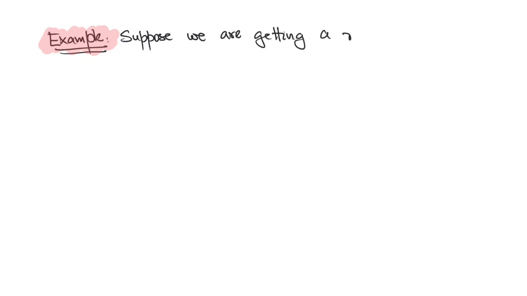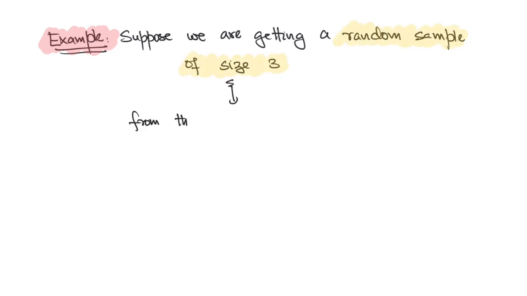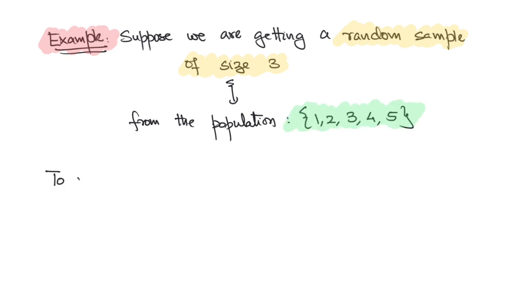Suppose we're getting a random sample of size 3 from a population that contains exactly 5 elements, the numbers 1, 2, 3, 4, and 5. To get a random sample, we will need the two conditions, right?